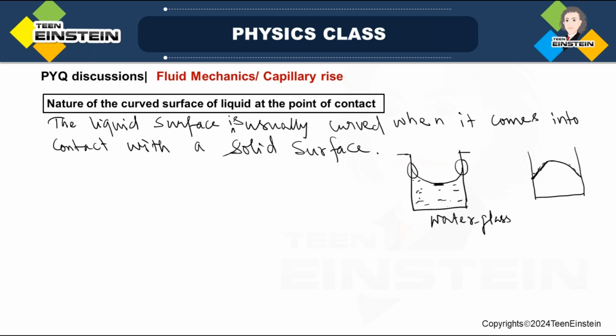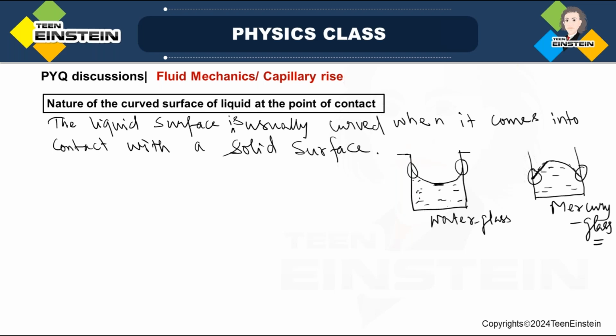So look at this point. This is actually depressed over here, and this is actually risen here. This rises here and this gets depressed. This is mercury, the liquid is mercury, and the container is glass.